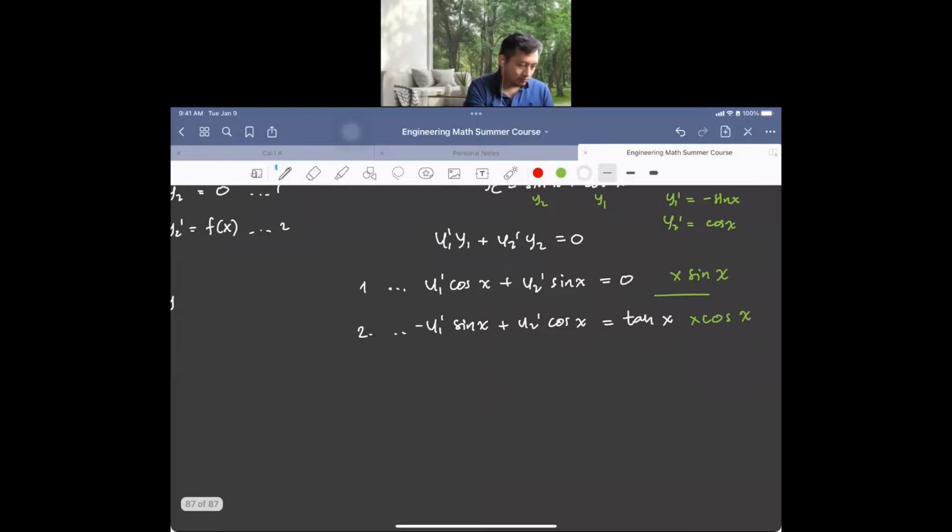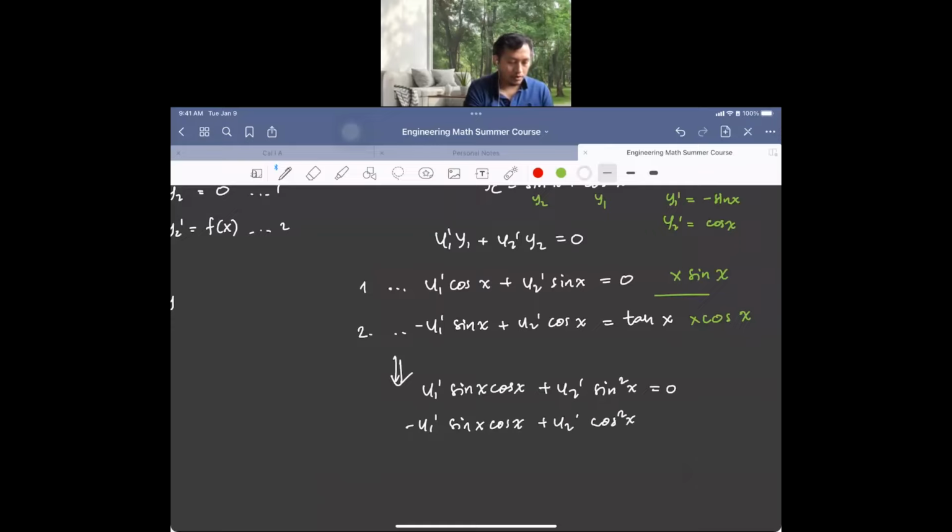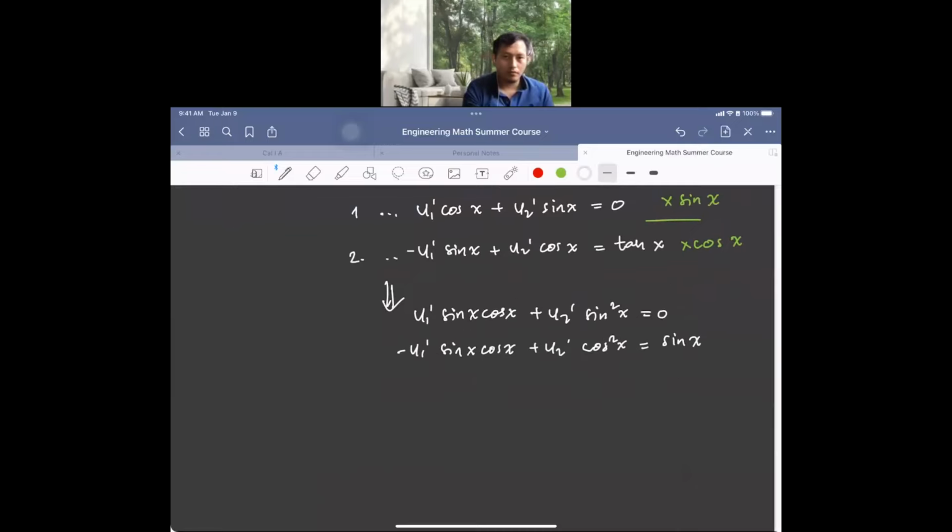So this becomes u1 prime sine x cos x, plus u2 prime sine squared x, and this one sine x cos x, then plus u2 prime cosine squared x, and equal sine x.